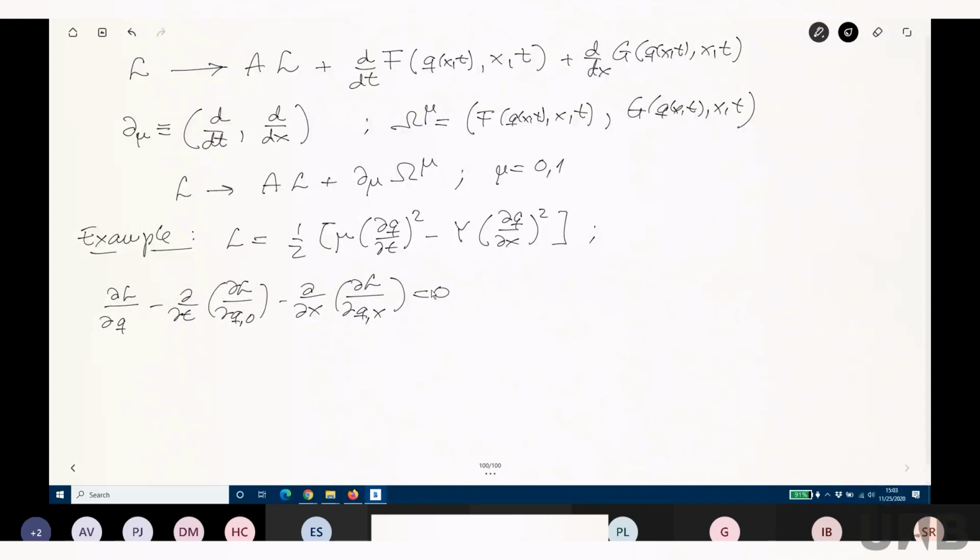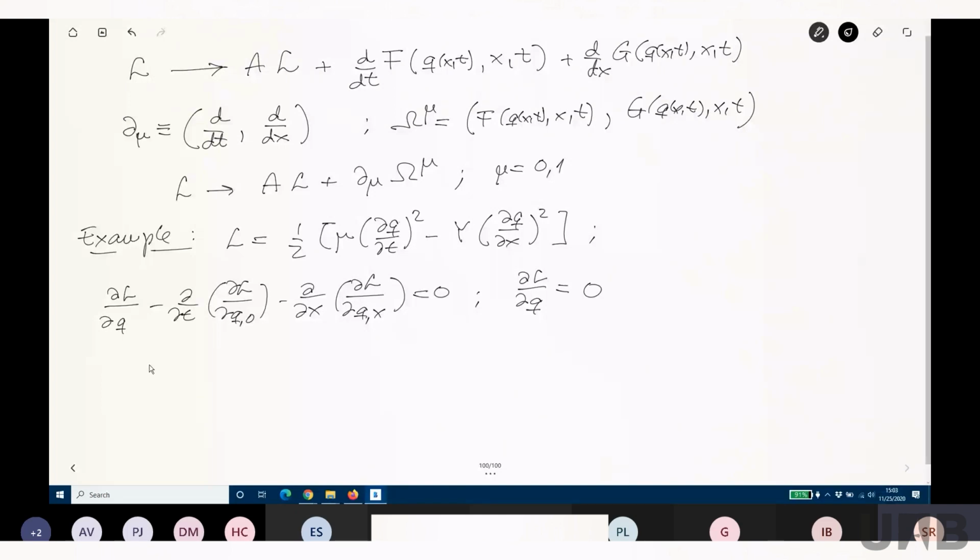So let's do it. Let's compute dL/dq. How much is this derivative? 0, because the Lagrangian only depends on the derivatives of q, not on q itself. So this is 0, okay?